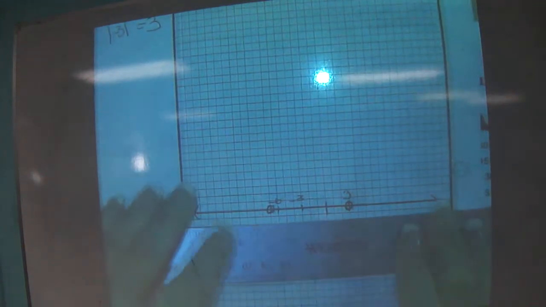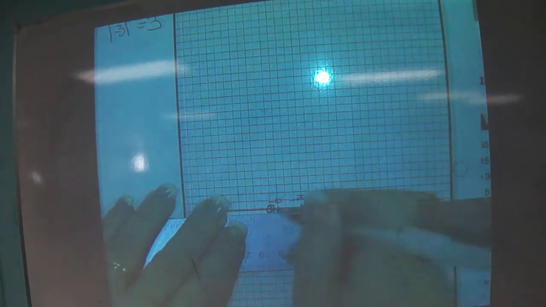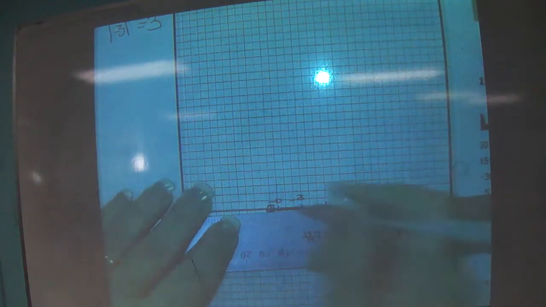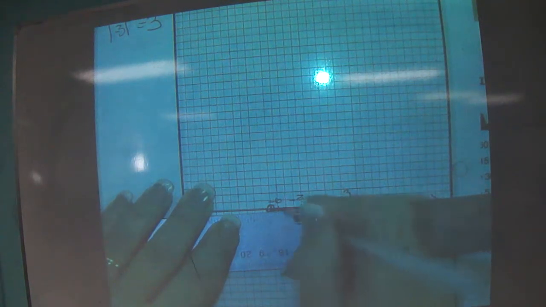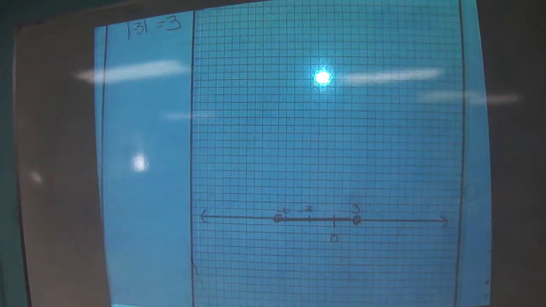This is what an absolute value will look like if it's an inequality. It'll be the distance between 2 points, or it can also be the ends of the 2 parts of the number line. Questions?